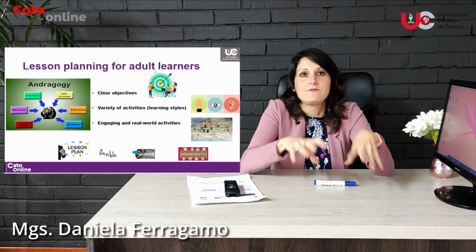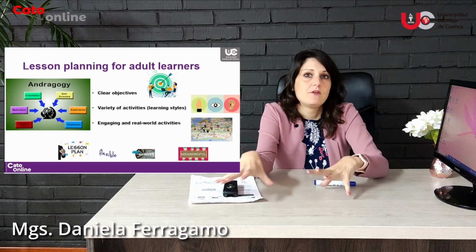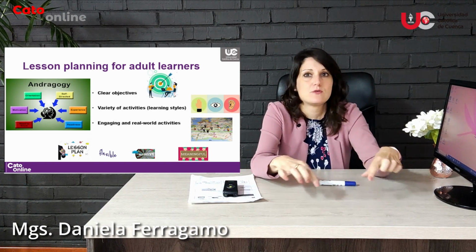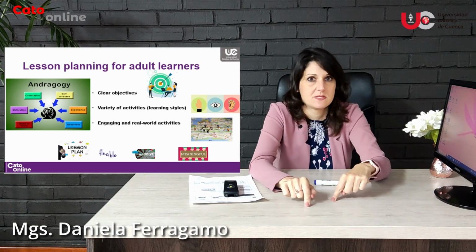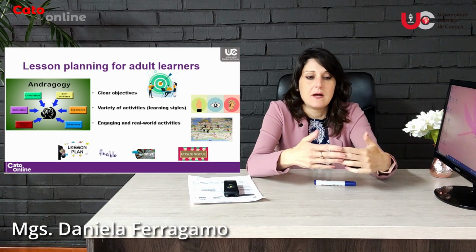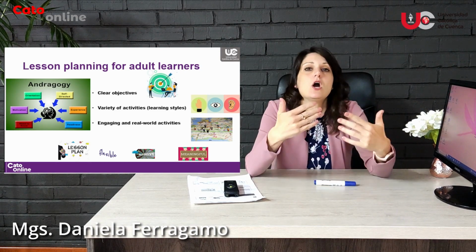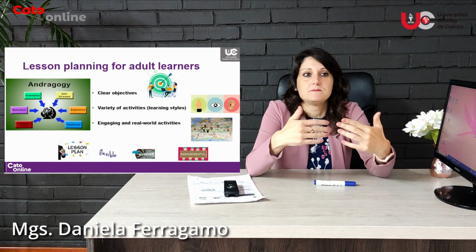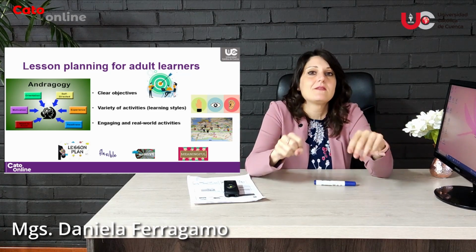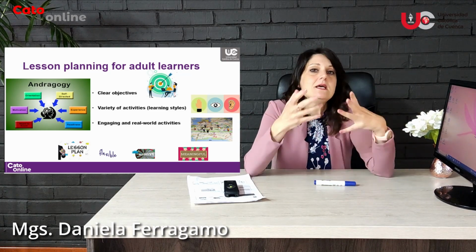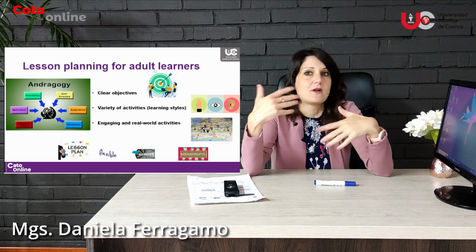So what we have to focus on in our lesson plan when we plan for adults is to select clear objectives. So what they are going to learn and why they are going to learn those specific things. What are the uses they may have of that particular structure or vocabulary. Then we have the variety of activities related to the different learning styles.